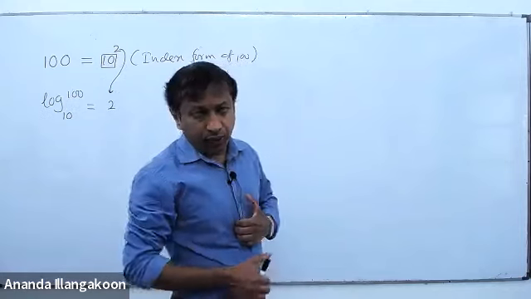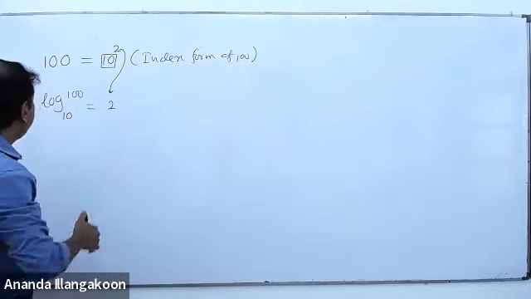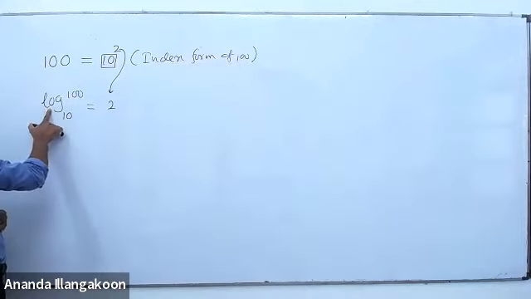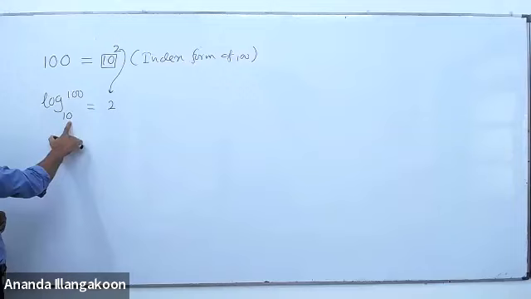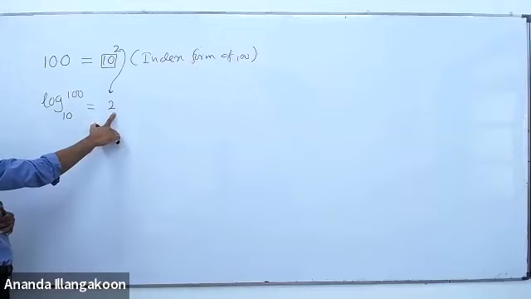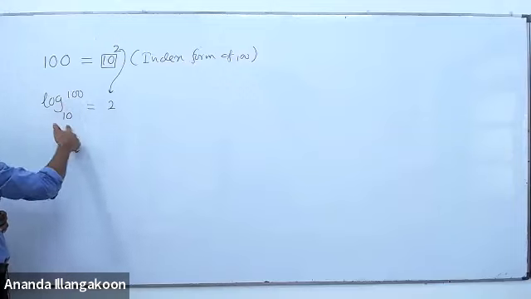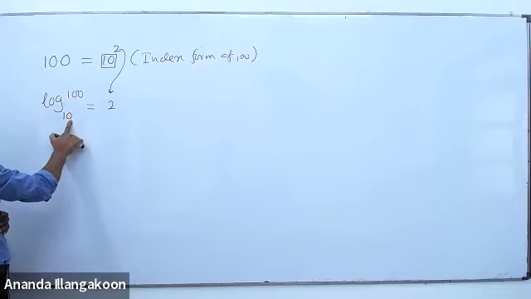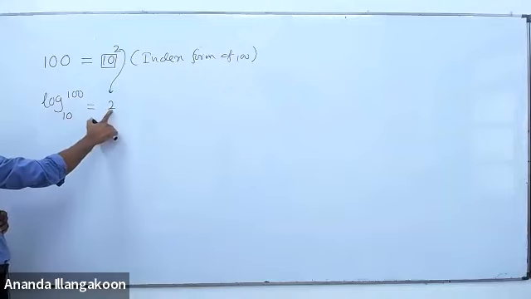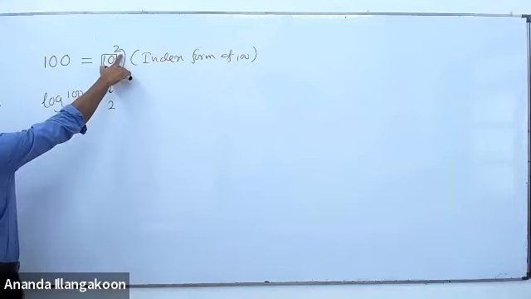Understood? Now, this is read as logarithm of 100 to the base 10, which is equal to 2. The meaning of this is, whenever you write this 100 as a power of 10, the required power of 10 is 2, as here.